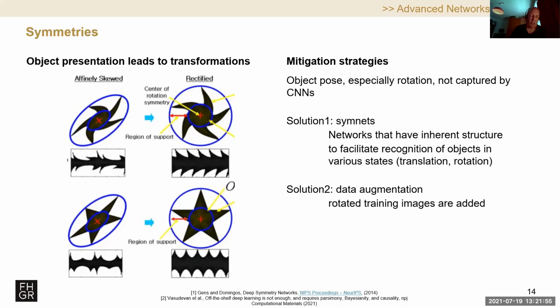And this is of course annoying if you come from biomedical image analysis and you have, for instance, biomedical cells that grow on cover slips on the object slide, and then they can be oriented whichever way. They could also be skewed, they could be rotated, they could be tilted out of the plane of focus, and that is of course affecting the results that we get with advanced neural networks.